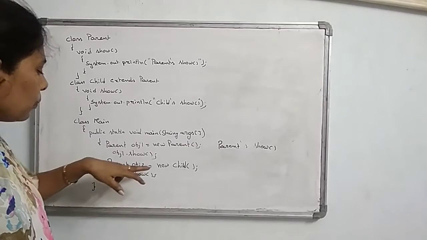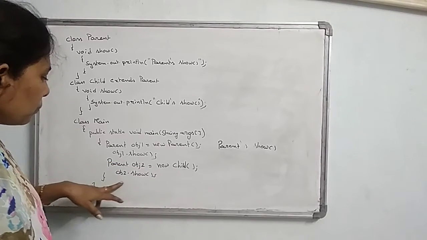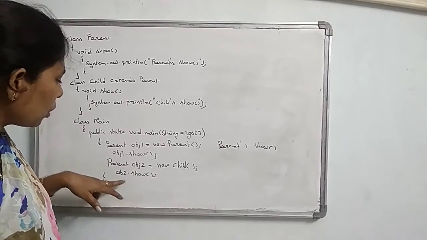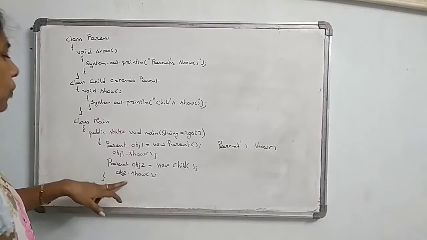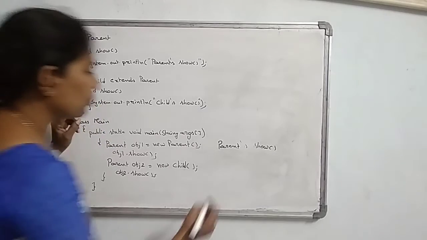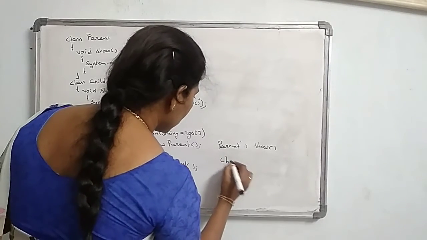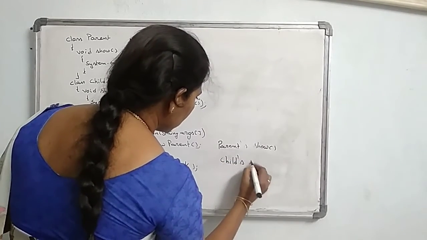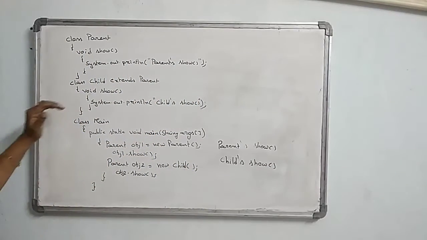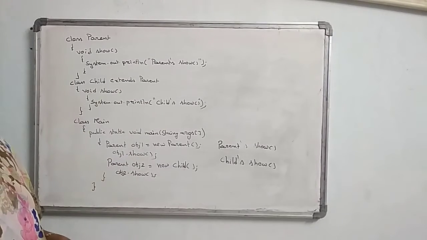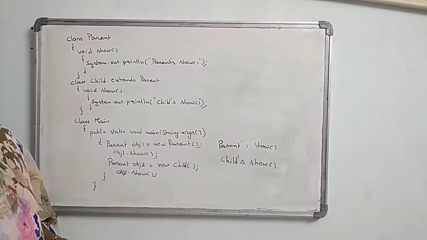So in that I am calling the child class object obj2.show. Whenever you call obj2, it will come under this one and it will give the output child show. So that means the child class overrides the parent class method. This type of processing is called overriding methods.